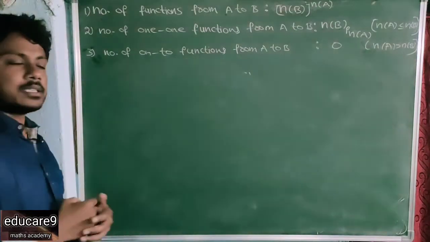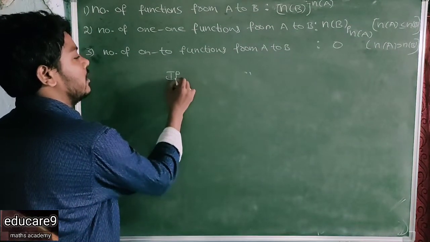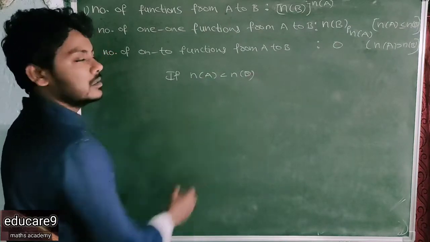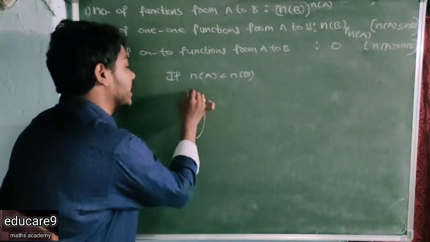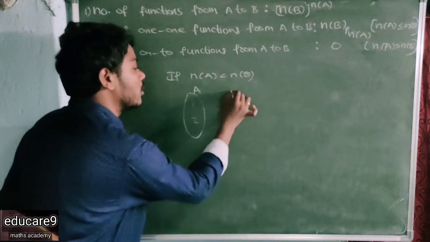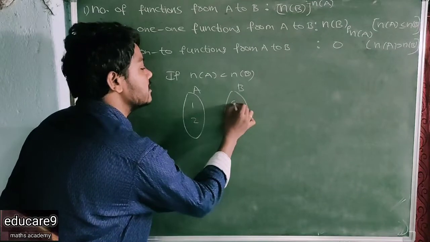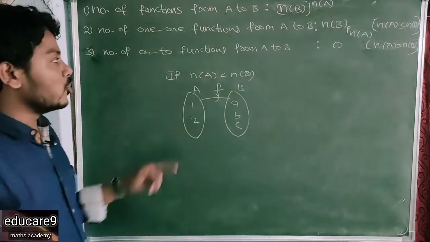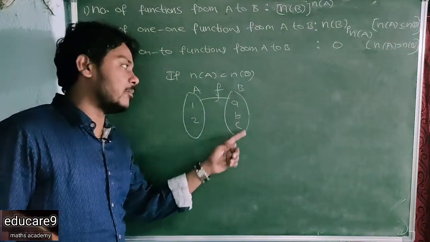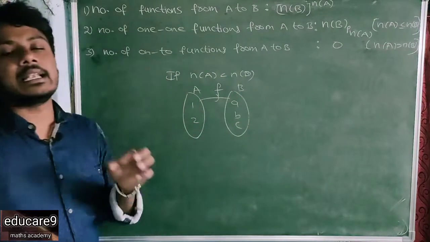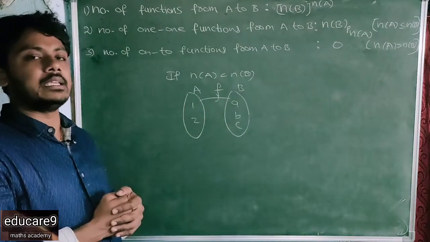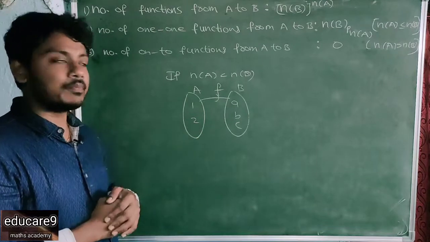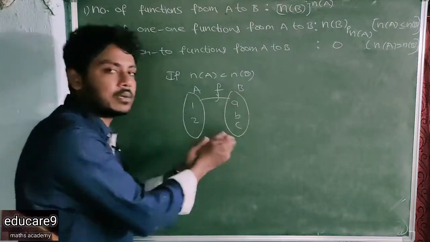So see the third case. If N of A is less than N of B. For example, A is the set with the elements 1, 2, and B is the set with the elements A, B, C. The relation is F. Onto function means each and every element in B has at least one preimage in A. But here the number of elements in A is 2, but the number of elements in B is 3.